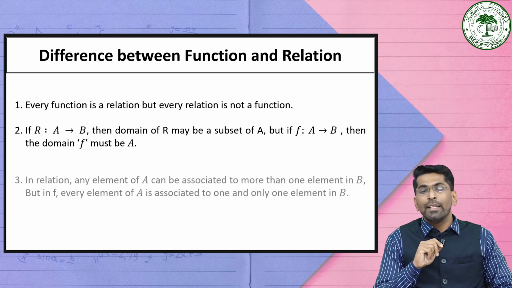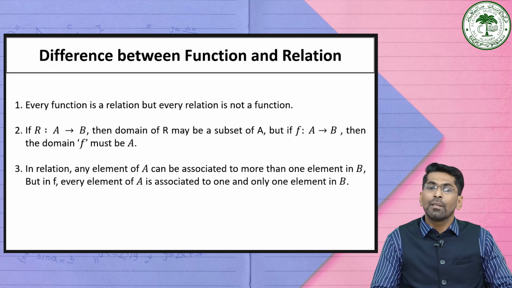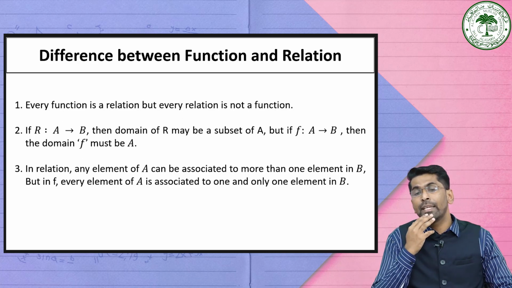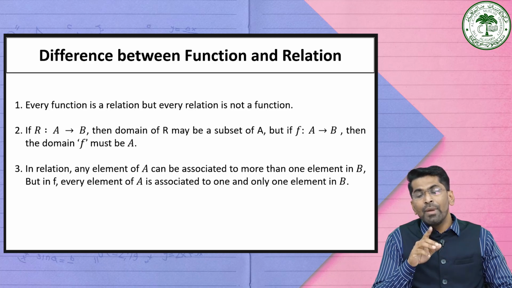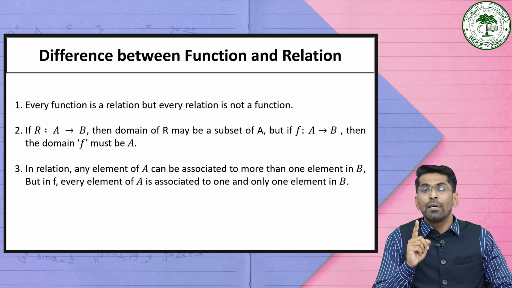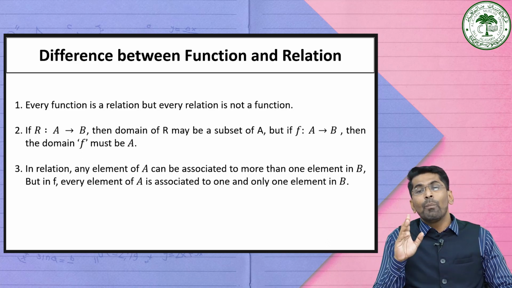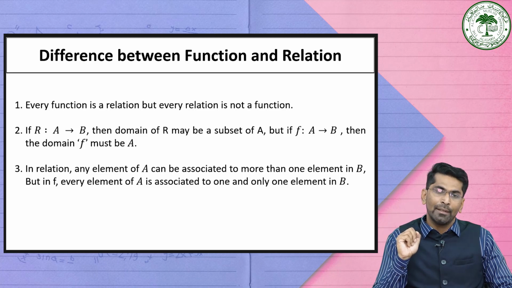The third point is that in a relation, any element of set A can be associated with more than one element in set B. But in a function, every element of A is associated with one and only one element in set B. Which means, in a relation, an element in the domain can be associated with multiple elements in the codomain.